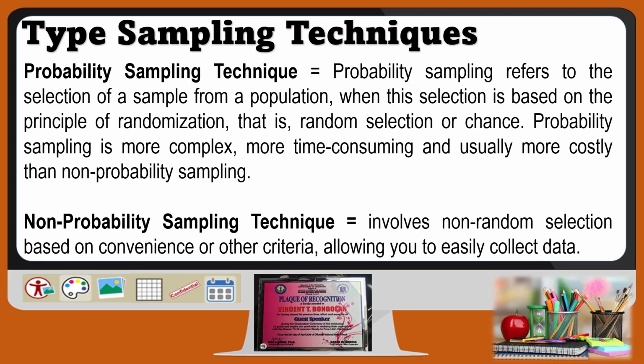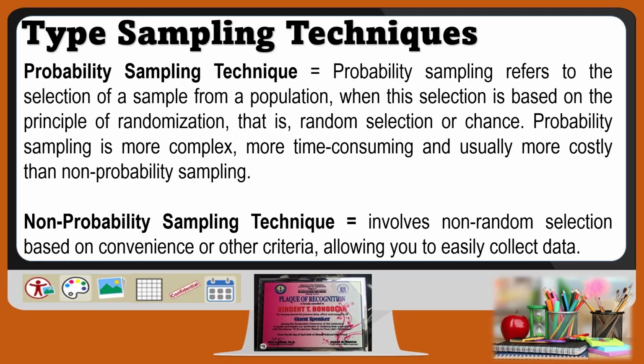So all you need to do when you are utilizing the non-probability sampling technique is to have clear guidelines on how you are going to select your sample. So that is the difference between probability and non-probability sampling technique.